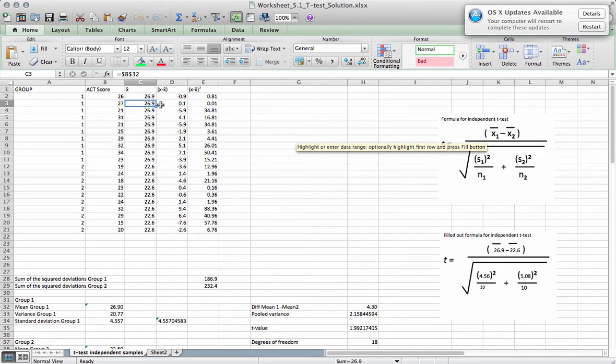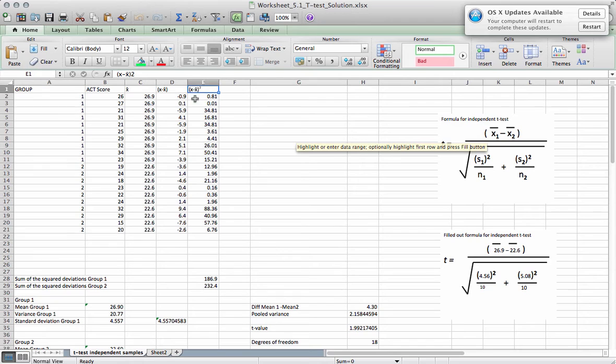This next person here is a little bit above the mean, so we do this for every person. Note that we use for group 1 the mean of group 1 to calculate the difference, and for group 2 we use the mean of group 2 to calculate the difference.